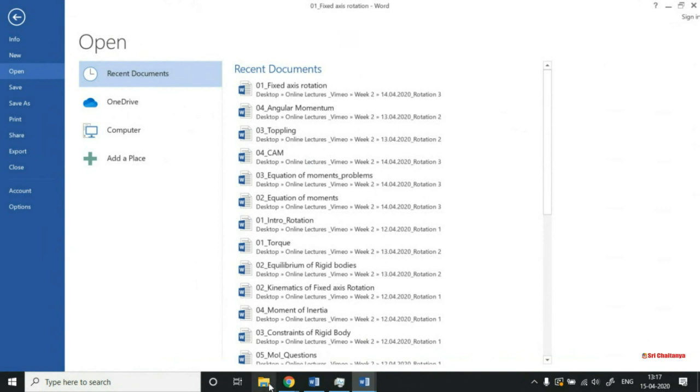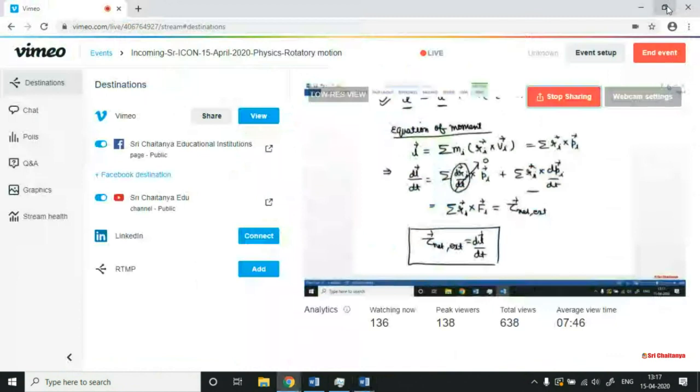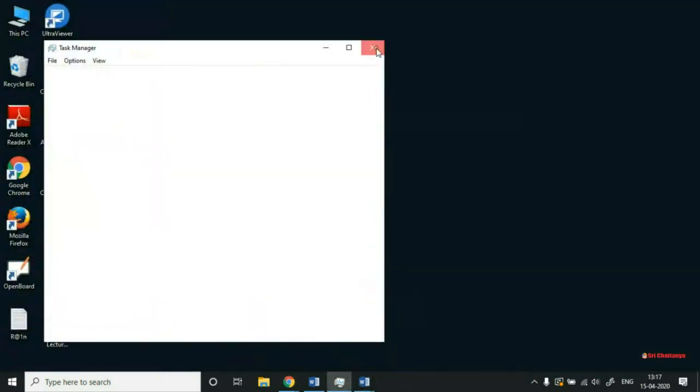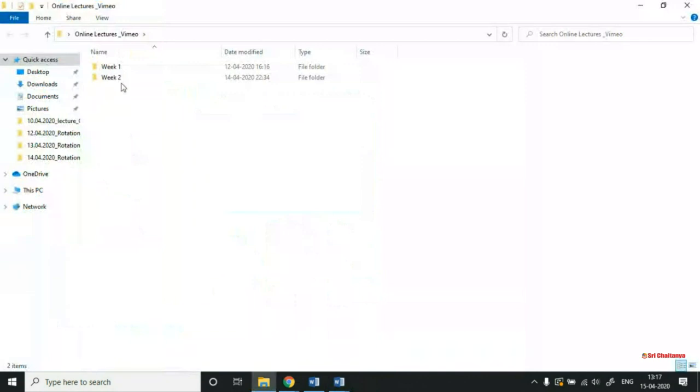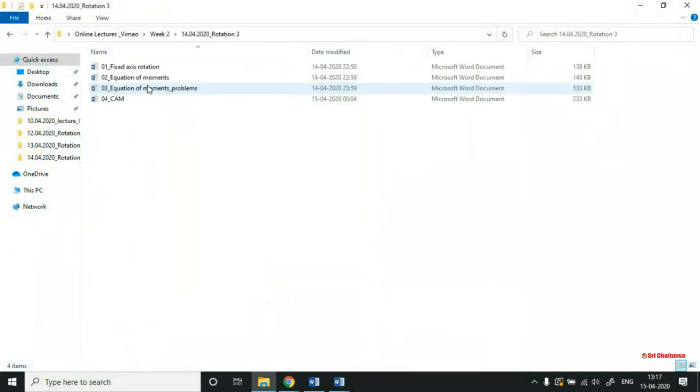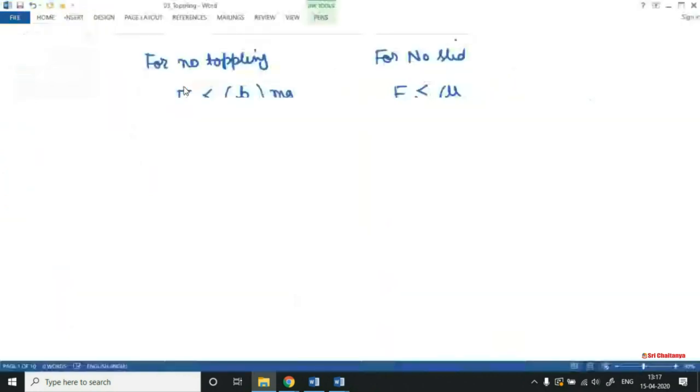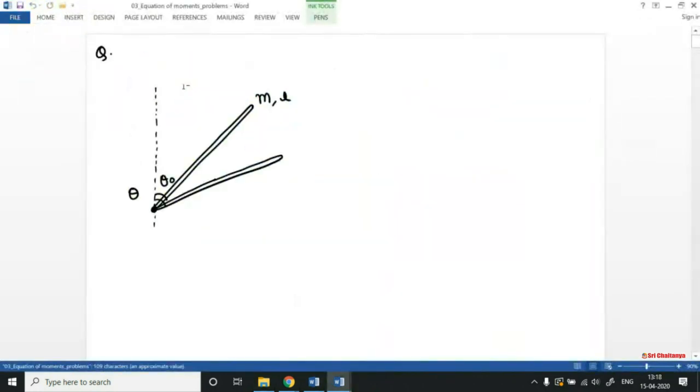So let's open another file. Okay, so let's look at this problem here. We have a uniform rod of mass m and length L, and initially it is at rest, making an angle theta naught with the vertical, and it has been released from this position.